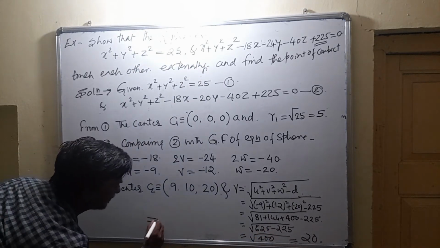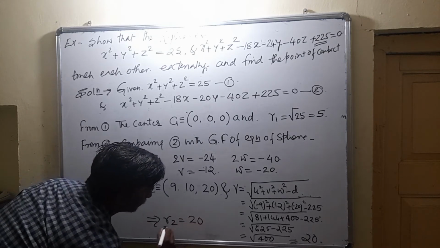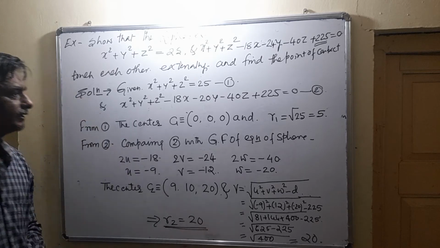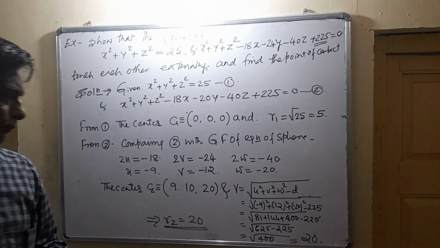This implies R2 equal to 20. Okay? Here we are getting R1 and R2.